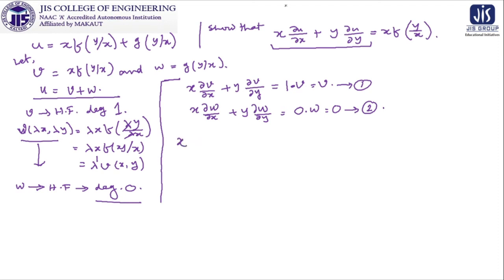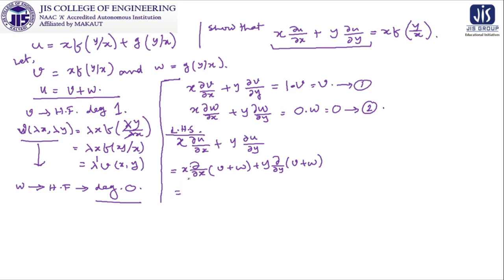So from the desired part, if we start from left hand side, we can write x del u del x plus y del u del y is equal to x del x v plus w plus y del y v plus w.